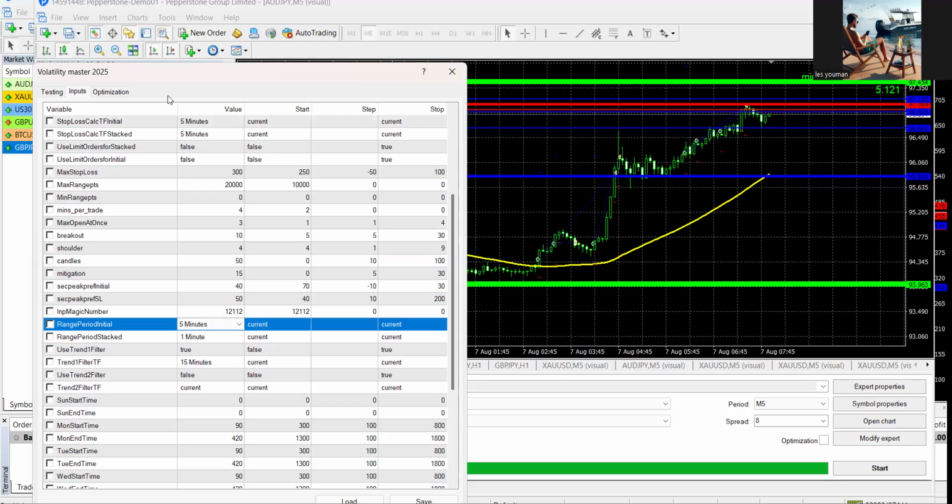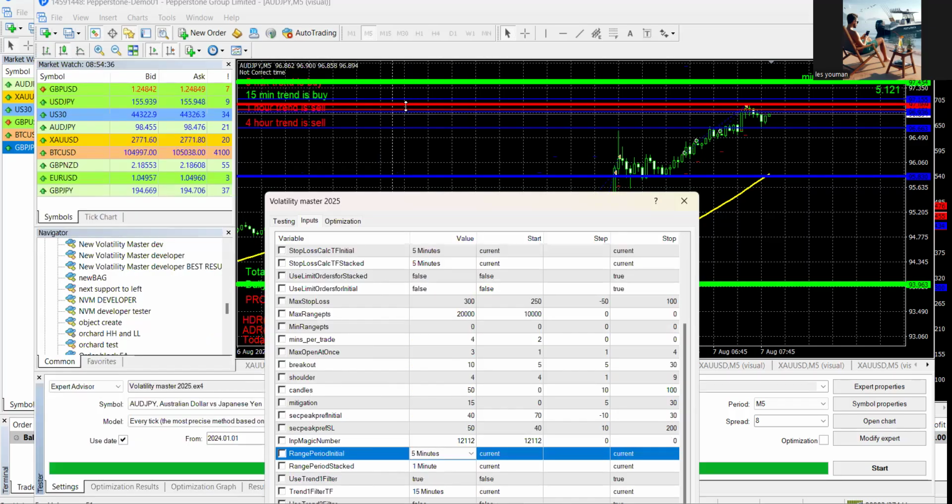So if you remember up here in the top right-hand corner, just under the green line, it's got the 5-minute trend, the 15-minute trend, 1-hour trend, and 4-hour trend. We're using the 15-minute trend.